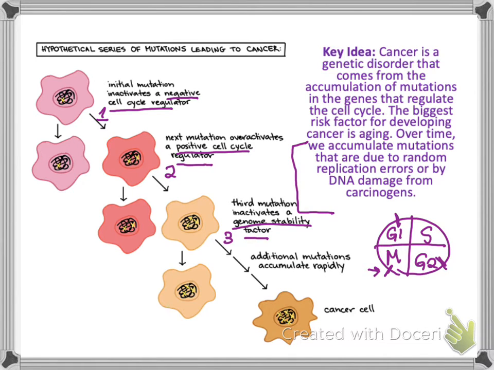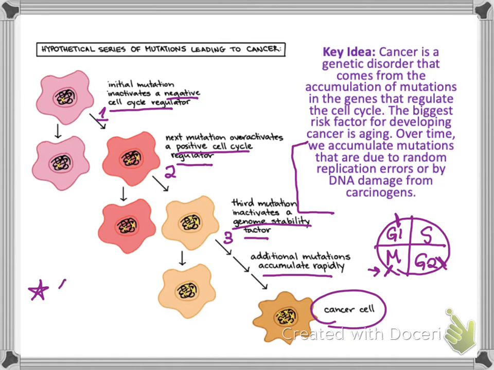That's a problem. And then you're just going to have to start to accumulate lots more mutations. So now that things are really going out of whack and that the genetic material isn't quite organized the way it should be, and we're starting to accumulate these mutations, more and more mutations are happening rapidly, and you're going to get a cancer cell. So this is an important idea we're going to talk about a lot.